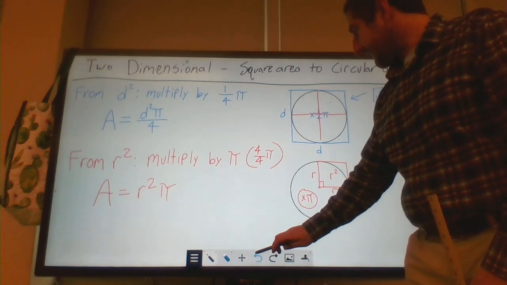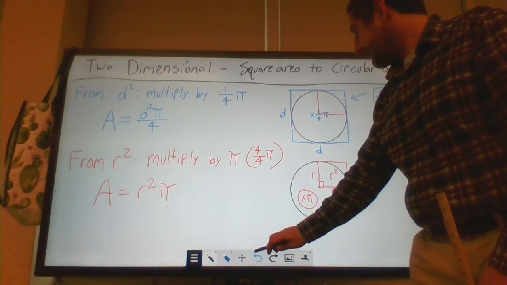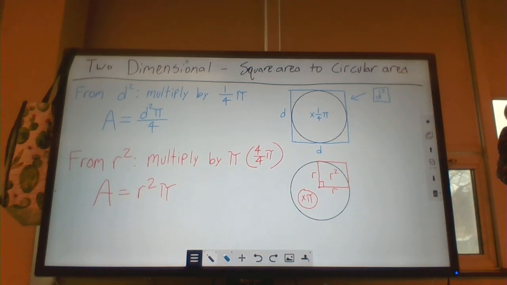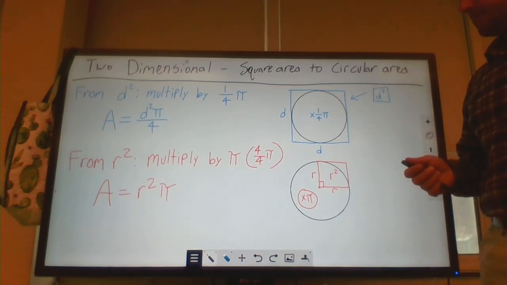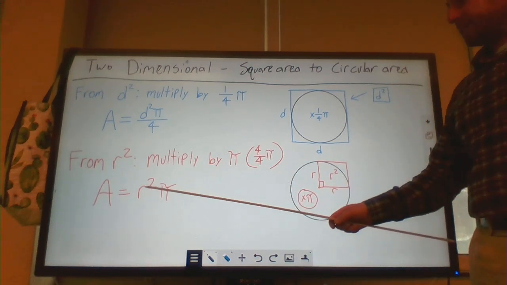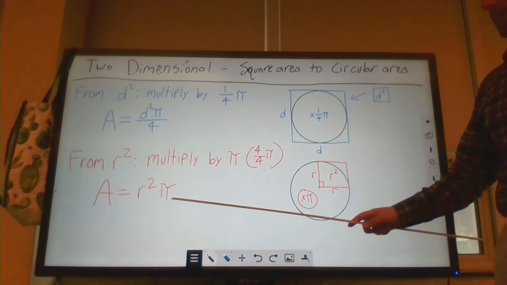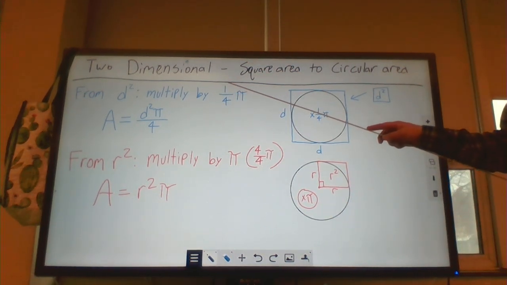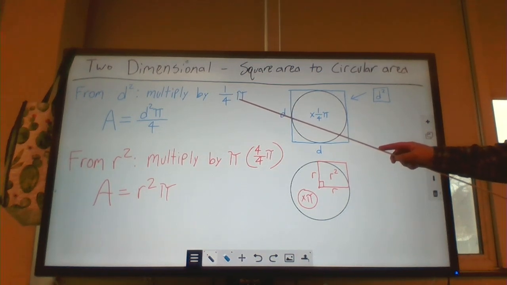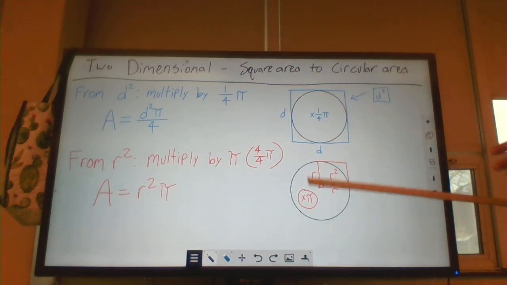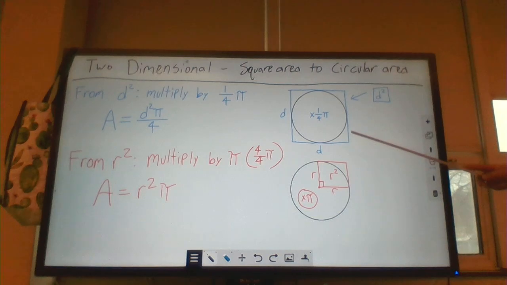So understanding that the diameter square is 4 times the area of the radius square, it then puts these formulas in perspective. For the radius square, the constant proportionality is simply pi. Whereas for the diameter square, it's only 1/4 of pi. And that accounts for the fact that the diameter square is 4 times as large as the radius square.